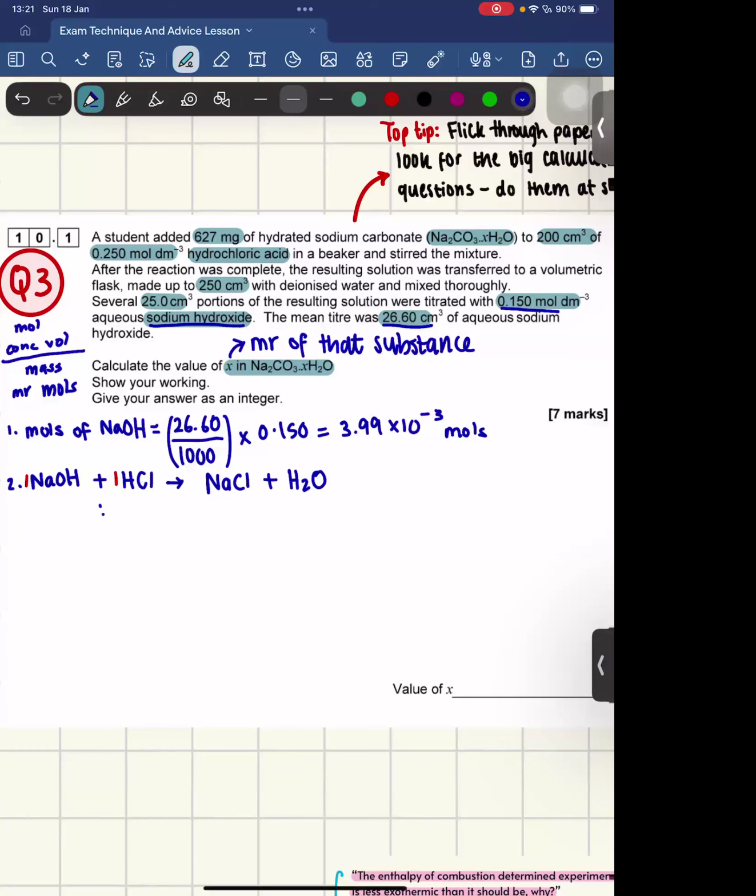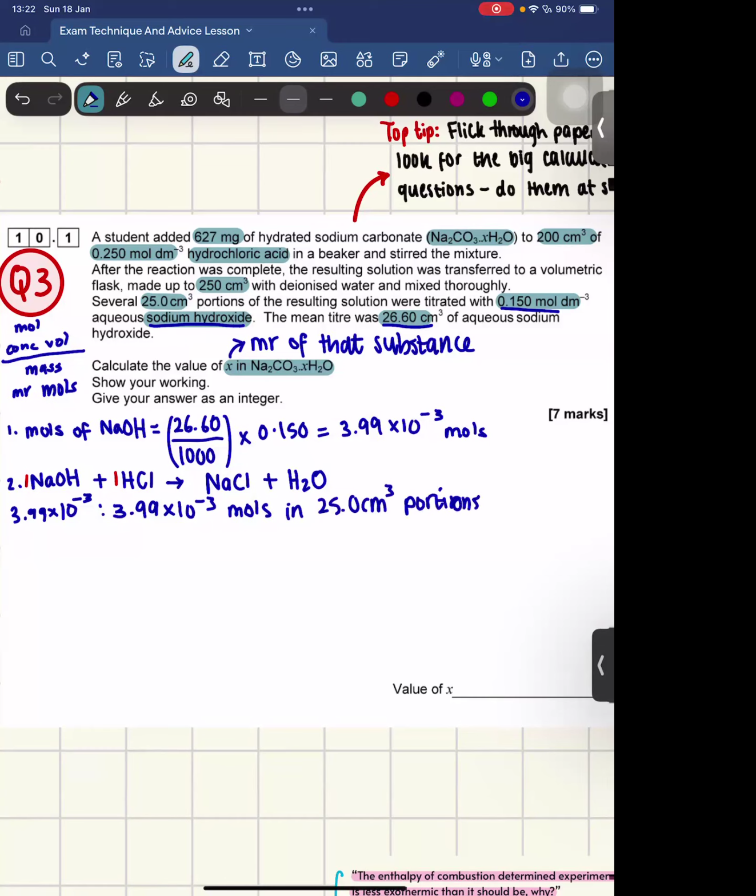So I know if I had 3.99 times 10 to the minus 3 moles of NaOH, that is also how much HCl I had, right? 3.99 times 10 to the minus 3 moles of HCl. How much was that in? That was in 25 cm³ portions, right?